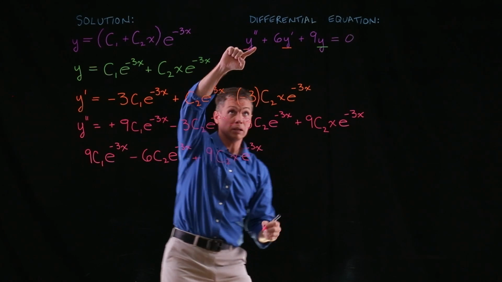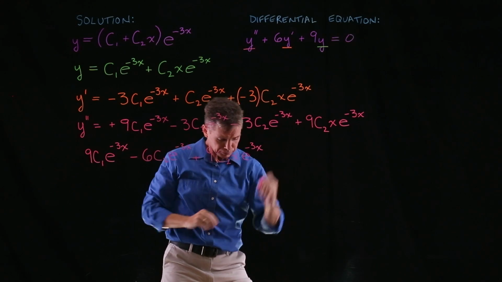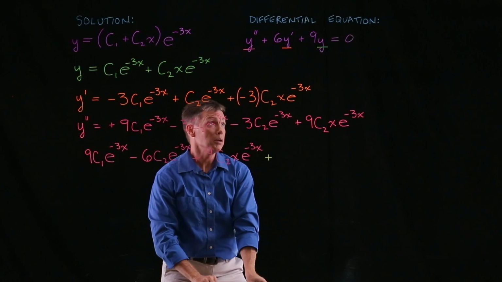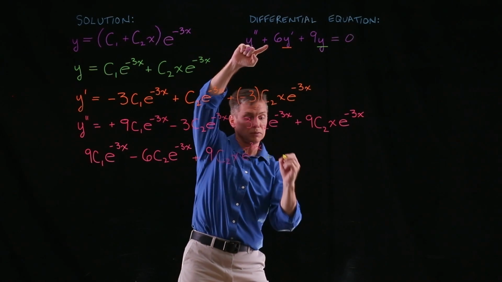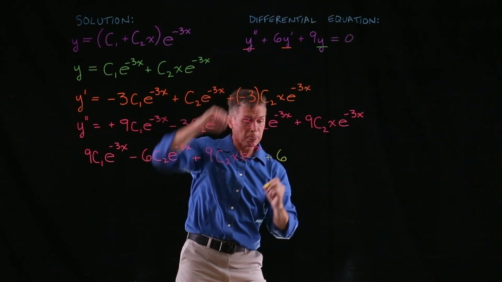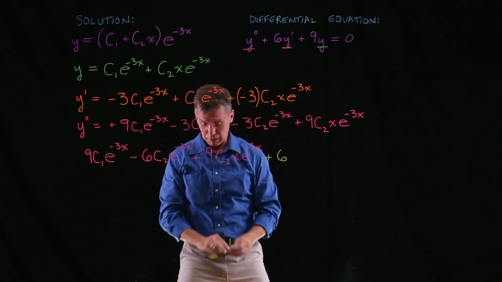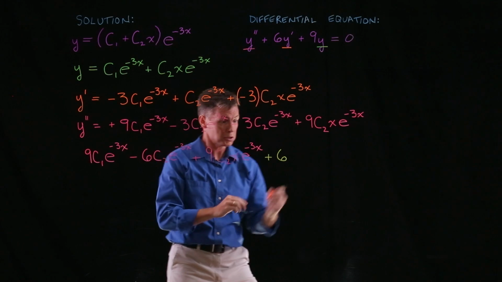Okay, now I'm looking back up here. I've got plus. Maybe I'll even switch colors for the plus. But then there's a 6 I'll keep in yellow. But I'm multiplying by the y single prime that I have in my orange.